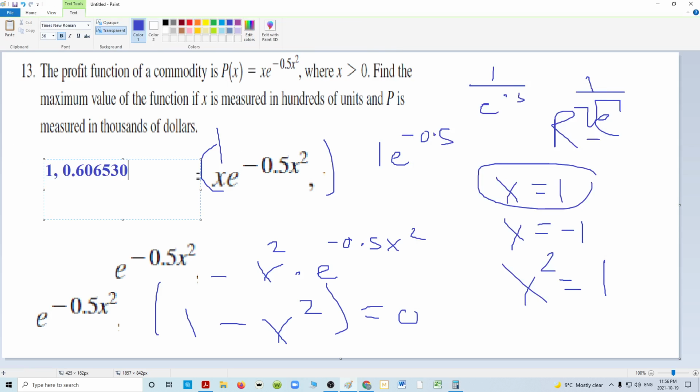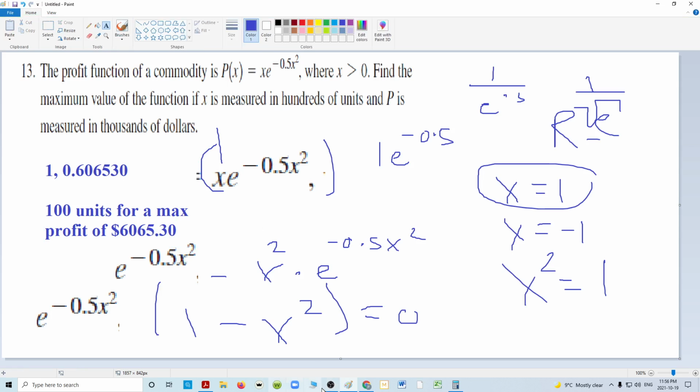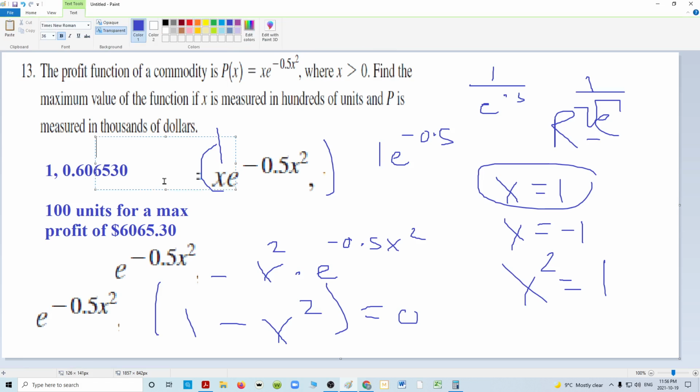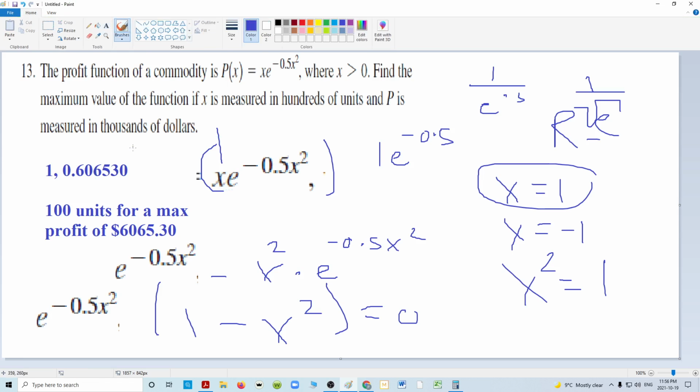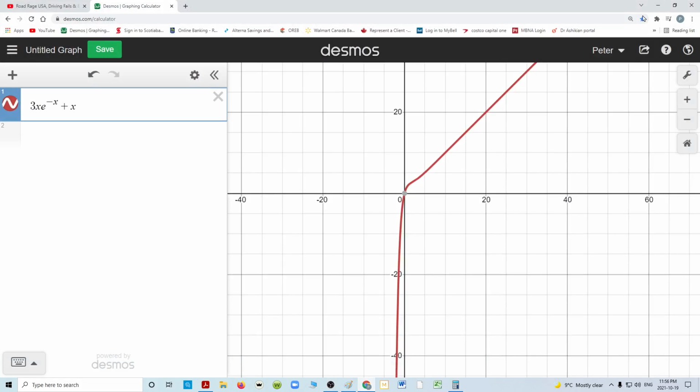It's going to go through that point at the max, which means you're making 100 units for a max profit of $606.53. Thousands of dollars, okay. $6,065.30. But you're going to see this as the actual units here, not that. Unless I multiply everything by 1,000.